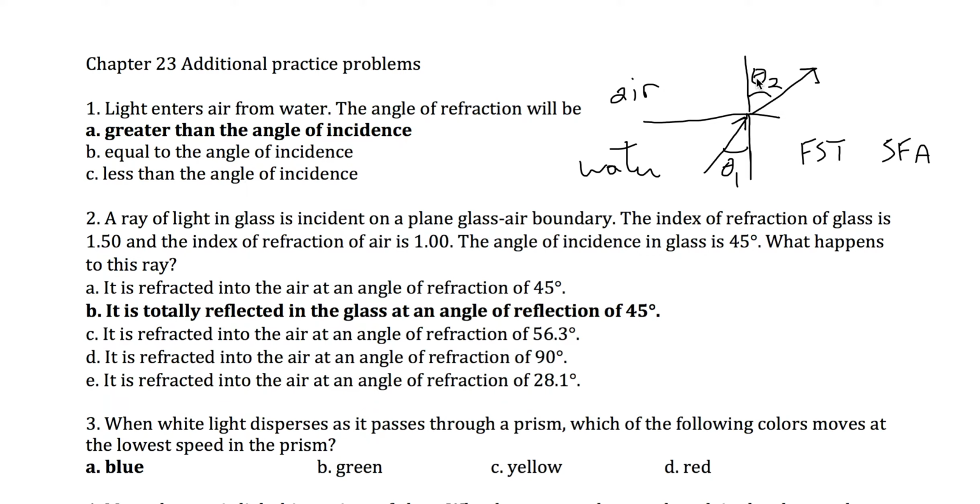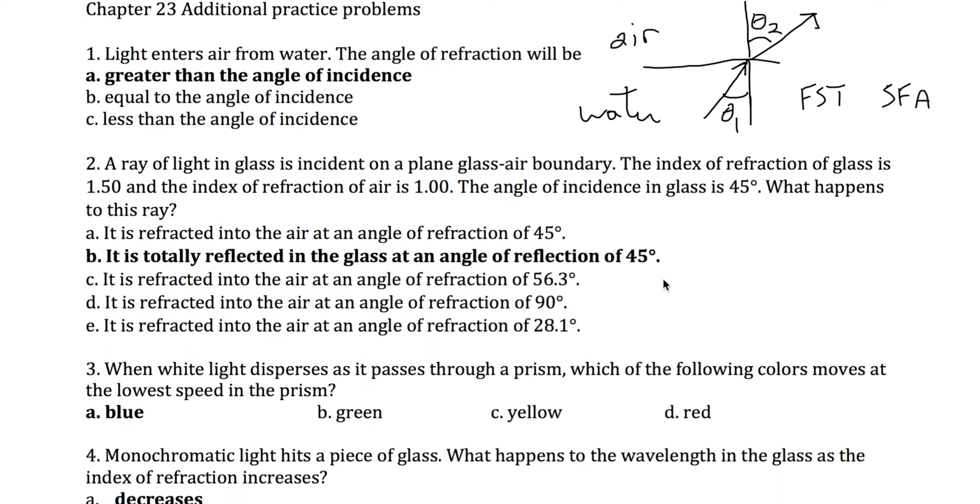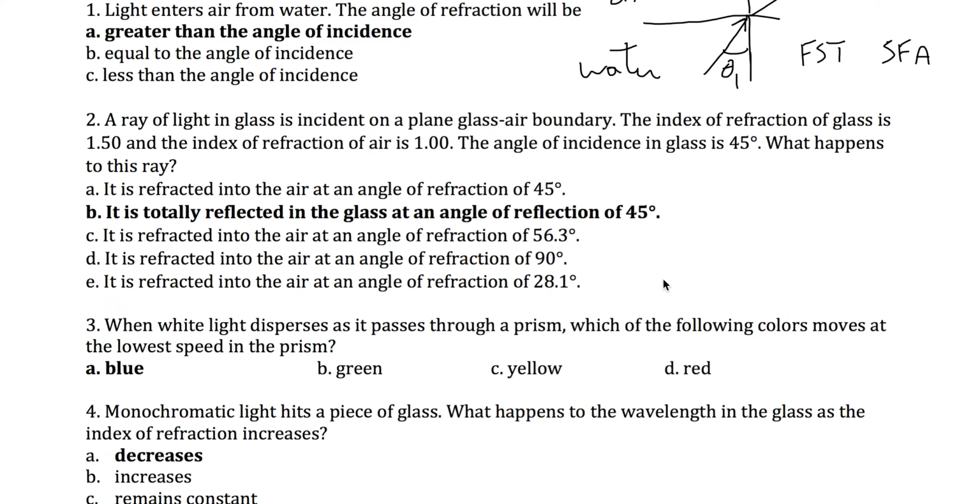Number 2. This one, you had to put a little bit of thought into it here. You have the ray of light in glass, incident on a plane glass-air boundary, and it gives us the index of refraction, and we want to know what happens to this ray.